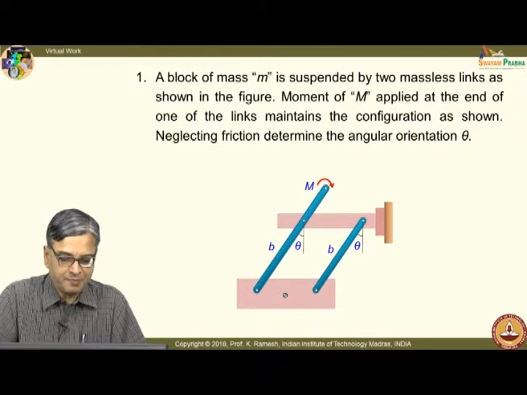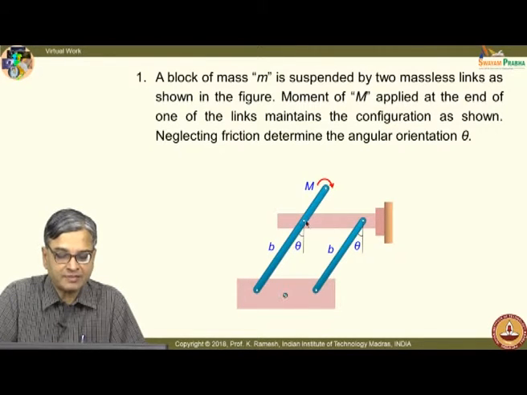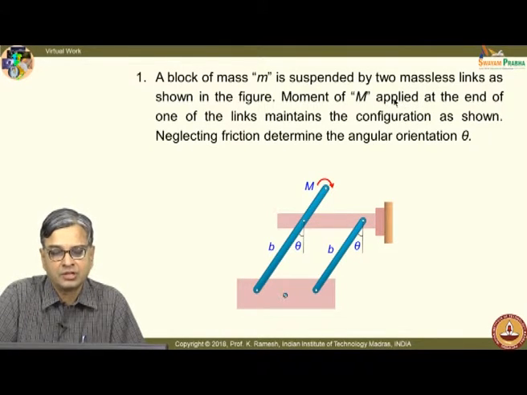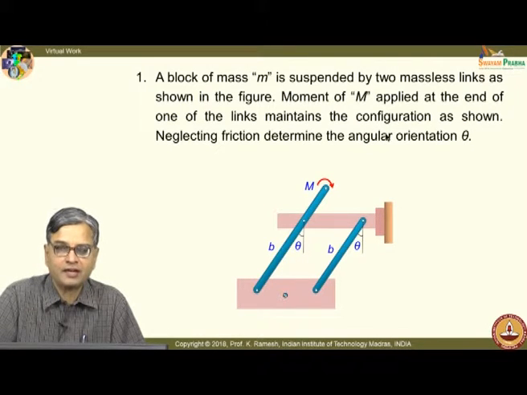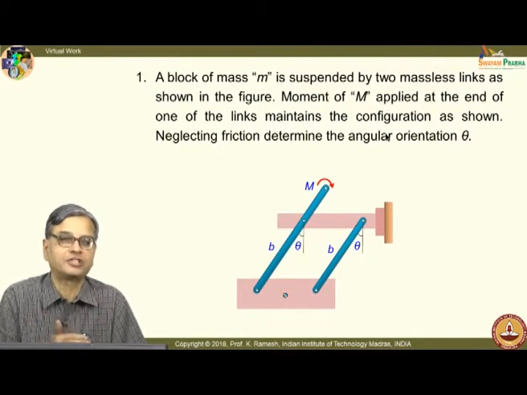So, the problem statement is, I have a block of mass m, and for convenience we have said that there are 2 links which are massless. These are all idealizations you do to simplify your mathematics, and here you are really learning a methodology.